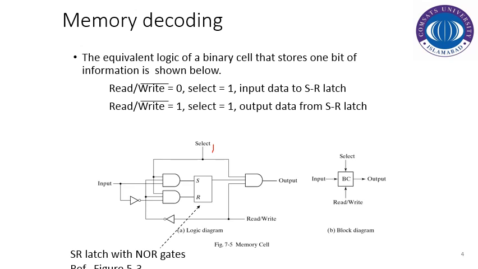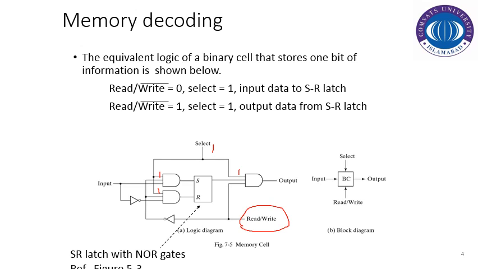If the select line is 1, the input of this AND gate that is being coupled with the output, and these inputs are set to 1. Now this line, read/write line, will decide whether we are performing the read operation or the write operation.